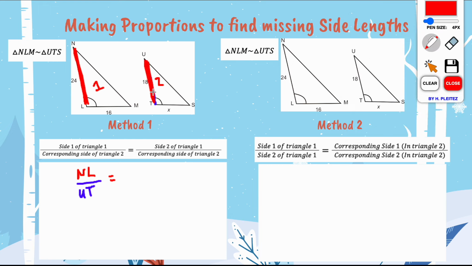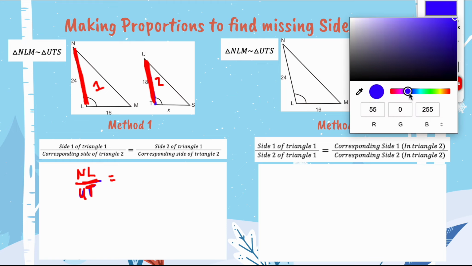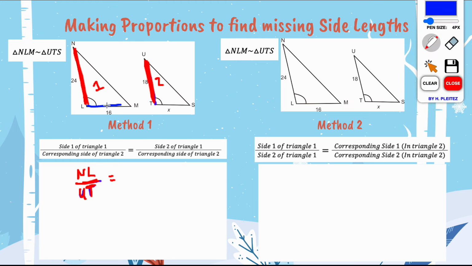Let's make them both red. Then in the next fraction, what we're going to do is pick a second side of triangle 1 that we have info on, right? I'm not going to pick NM because we have no values for that. So this is LM.